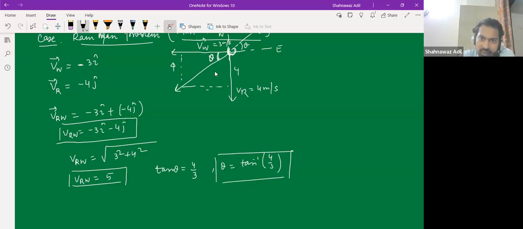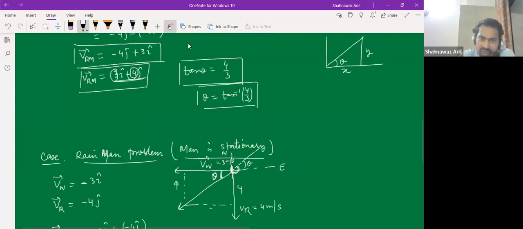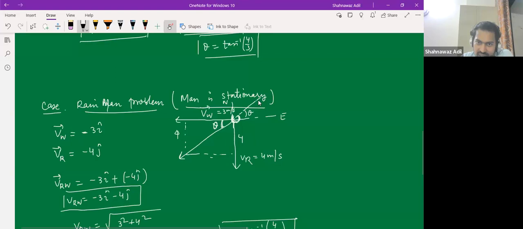The man has to hold his umbrella at this angle, in the east-north direction, so the northeast direction.